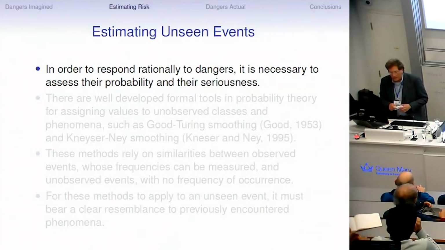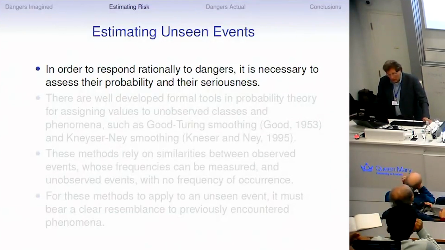Assessing risk is a big business, and there are lots of formal and mathematical tools for doing it, all of them involving probability theory. Now, in order to respond rationally to dangers, you have to be able to come up with some grounded assessment of risk, grounded in probability theory, where you can therefore rank or prioritize risks in terms of their seriousness.